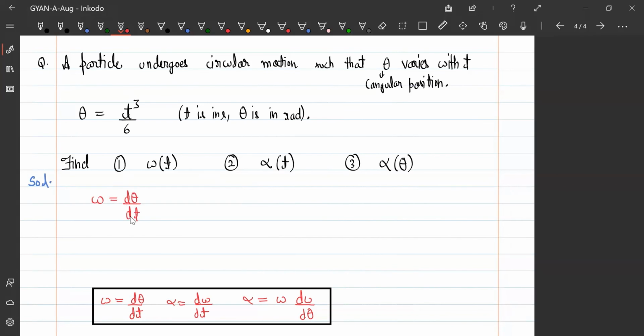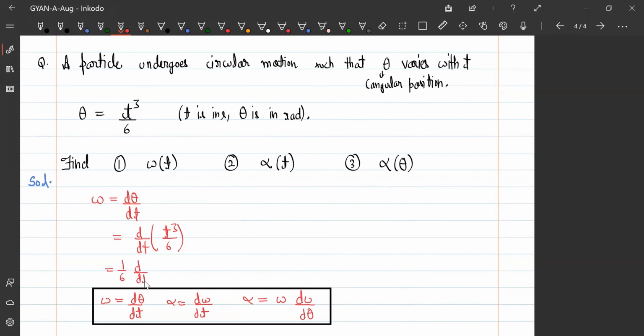No, sir. See, first one omega is d theta by dt. So you can differentiate this as a function of time with respect to time. So t cube by 6 का differentiation क्या हो जाएगा time के respect में? d by dt of t cube by 6. 1 by 6 बाहर आ जाएगा.